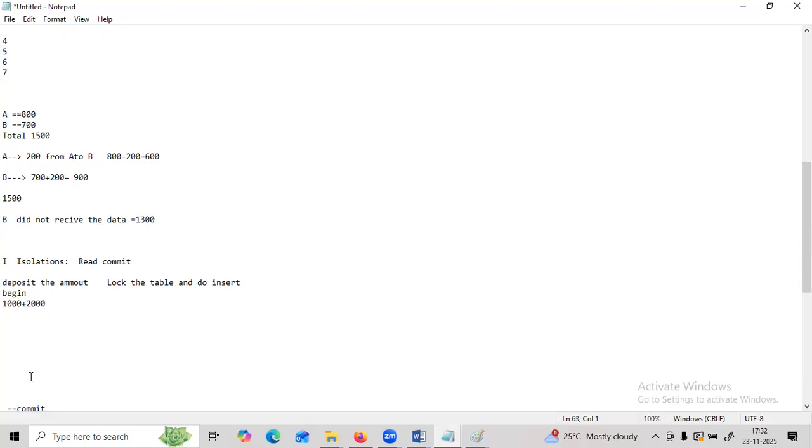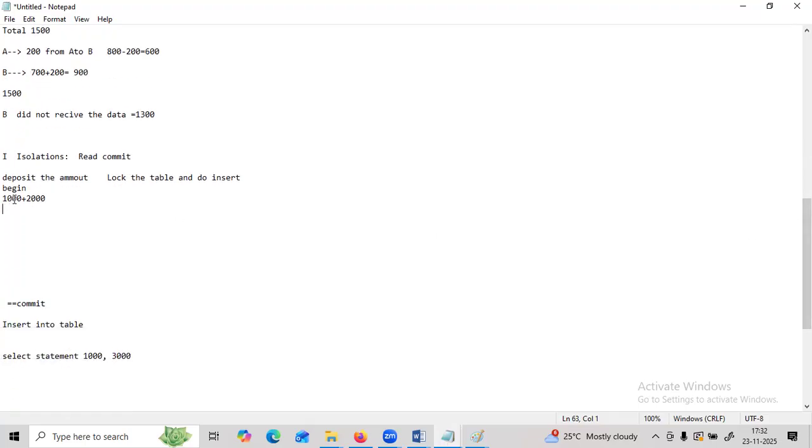So my transaction starts with 1,000 like a begin, and it will be waiting for the commit. Until the commit completes, it won't release the lock. Otherwise, people will get false data like 3,000.